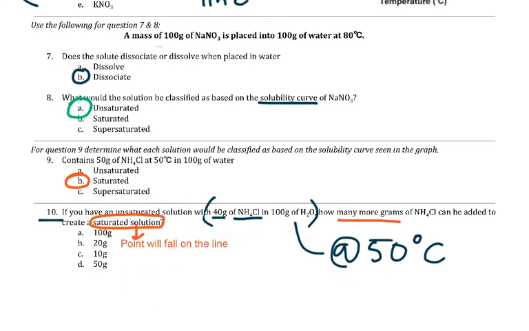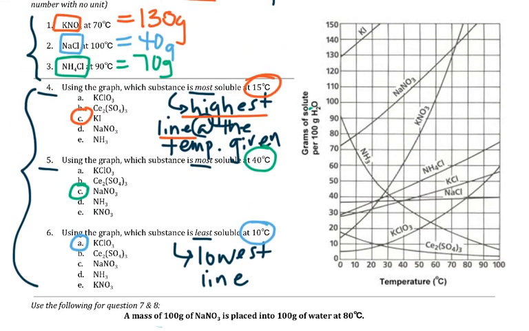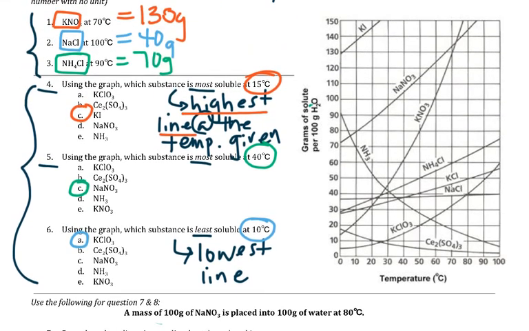So let's go up to our graph and see, at this given temperature, 50 degrees Celsius, how would I make a saturated solution? How much mass am I going to need of my ammonium chloride? Right now we have 40 grams, so we're here at 50 degrees Celsius.